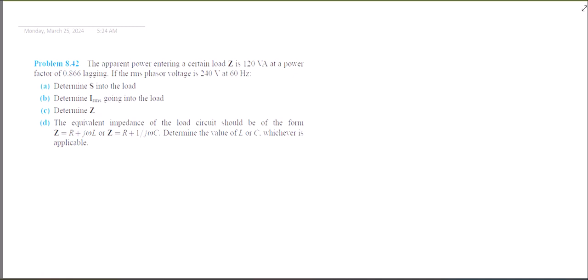Alright, so to determine S going into the load, we know a number of different things.